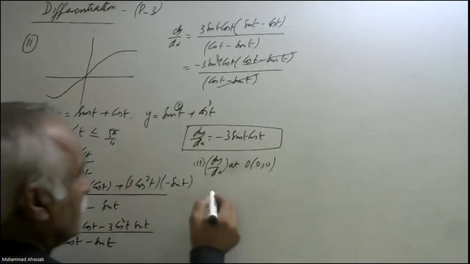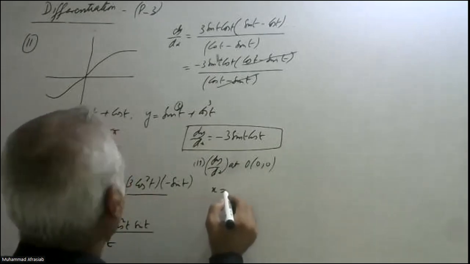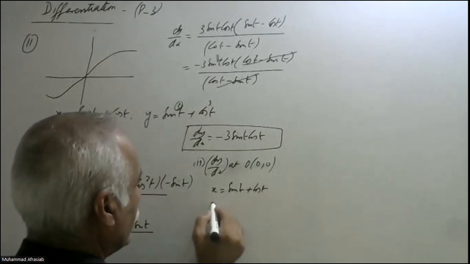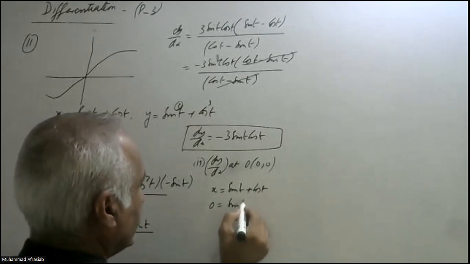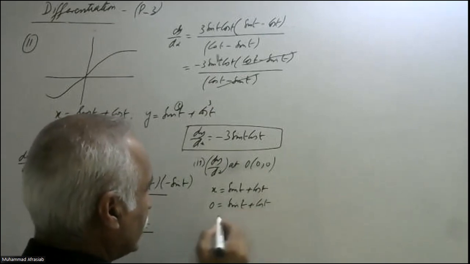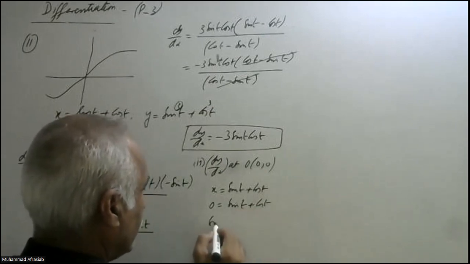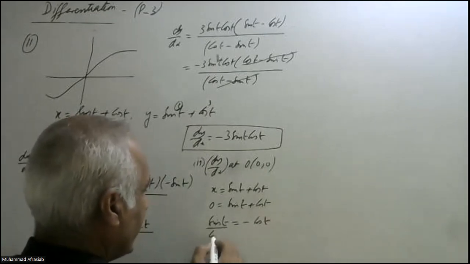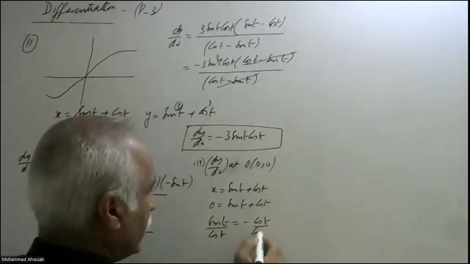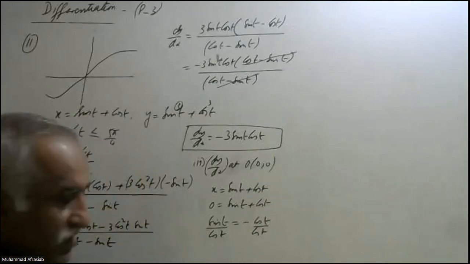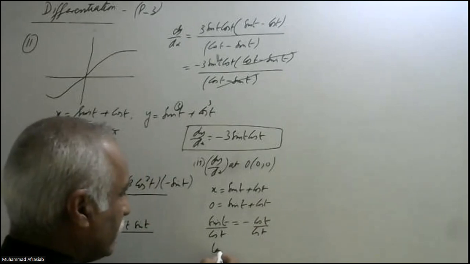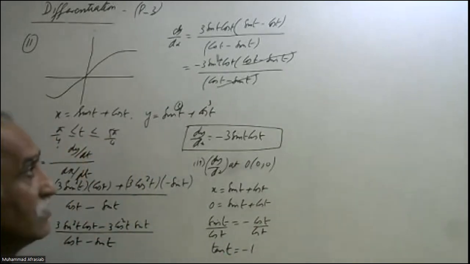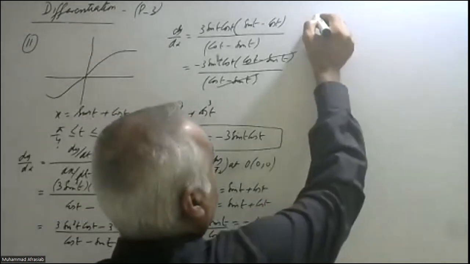So if we use 0 for x, x = sin t + cos t, put x equal to 0, it is sin t + cos t = 0, or sin t is equal to minus cos t. Dividing both sides by cos t, this becomes tan t equal to minus 1.